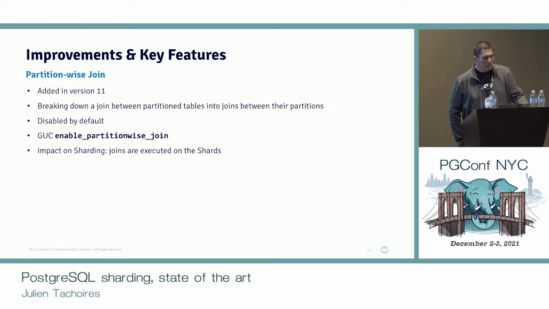So to enable this feature, the enable_partitionwise_join parameter must be set to on. But what are the benefits for sharding? Well, instead of executing the join operations on the coordinator node, involving the need to transit data through the network, join operations are executed on the shard nodes.